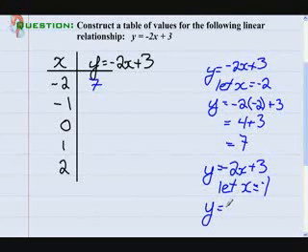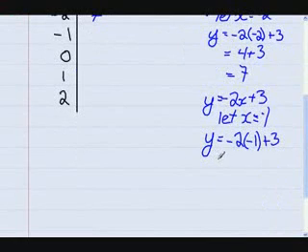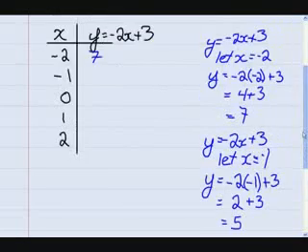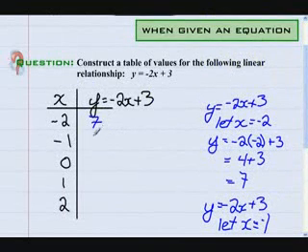So again, I use substitution. -2 times -1 is +2, plus 3. 2 plus 3 equals 5. And so the corresponding y value when x is -1 is 5.